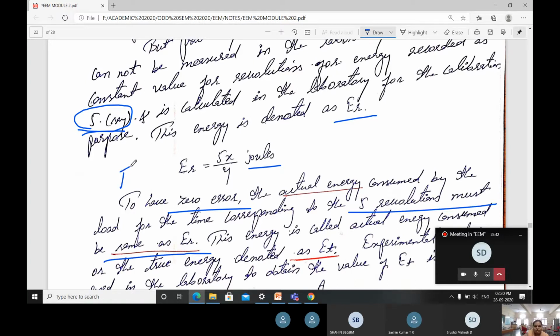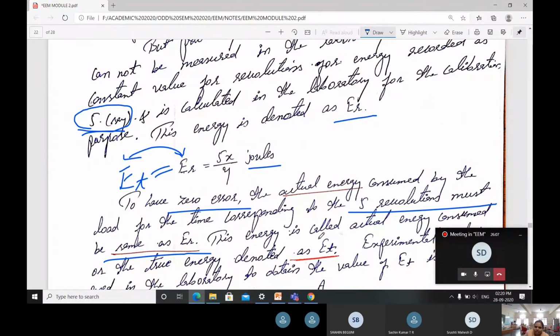Error should be zero means our actual energy, ET, should be equal to ER, which I obtain by using the laboratory setup. If both are the same, then there is no error. If there is an error, then they are not going to be equal.